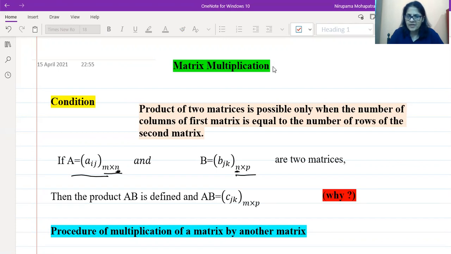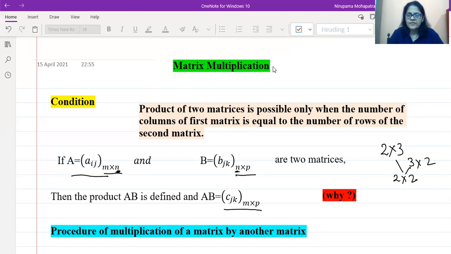So in this case, the product of two matrices A and B, A into B, is defined, and the product matrix will be of order m by p. It means when you multiply a 2 by 3 matrix with another 3 by 2 matrix, the product will be of order 2 by 2.